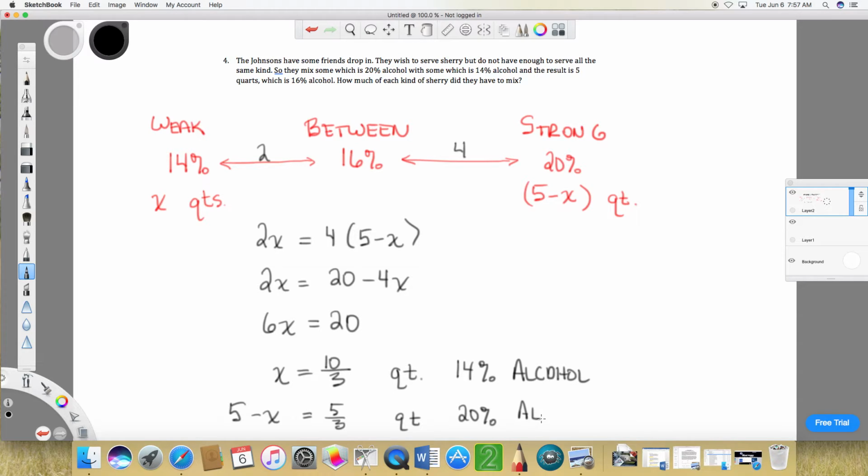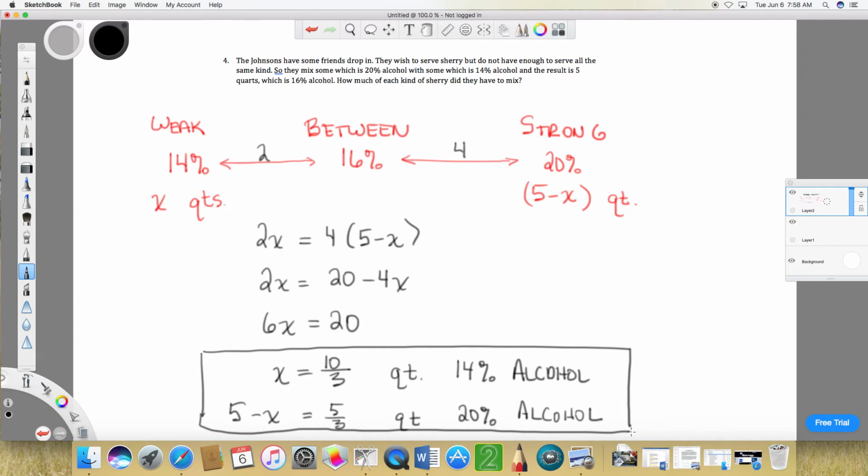So I may have had the x in the bucket method being the strong solution. Like I say, that doesn't matter. What matters is that we get the same final answer. All right, so here's our answer. And unfortunately, I've already deleted the others, so I don't remember if that was the same, but I think it was.